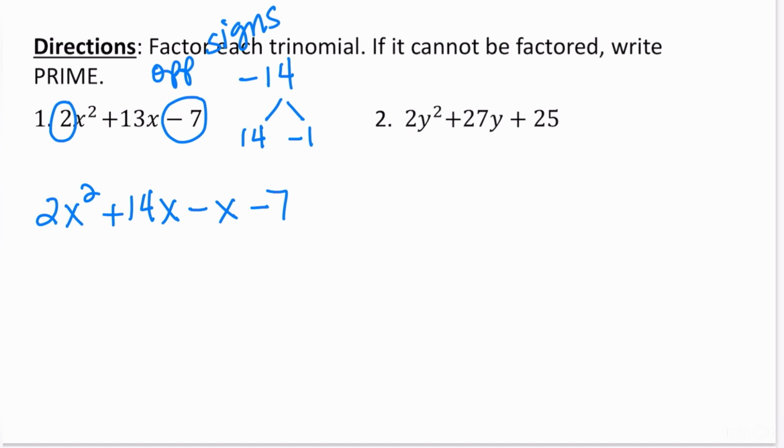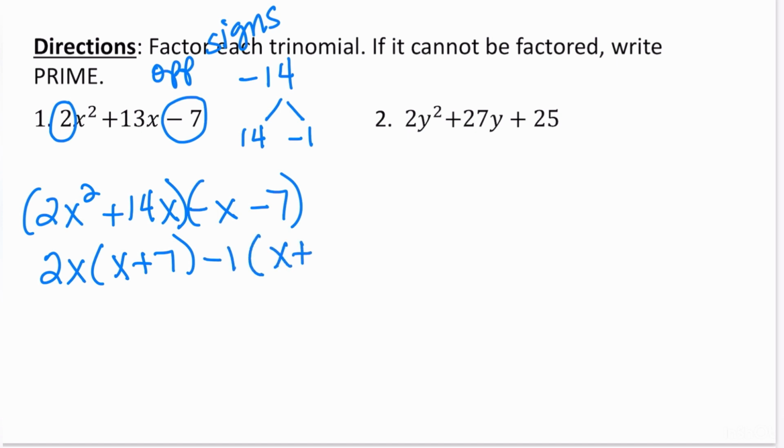Go ahead and group the first two together and the last two together, including the minus. Then from the first group, the GCF is 2x. They both are divisible by 2x. And now I have x plus 7. From the second group, they're both divisible by negative 1. And I'm left with x plus 7.